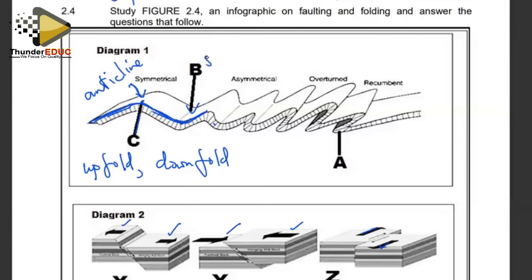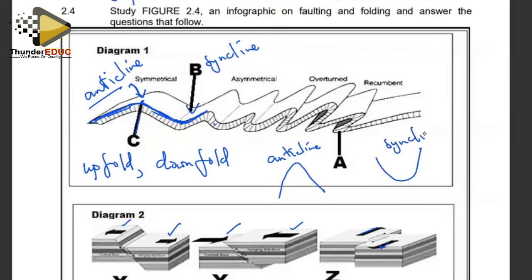So this one is a syncline. So always remember, an anticline is for a fold which is upward, and a downfold is a syncline. So that is the basics of folding. When the landmass is bending upwards, anticline. When it's bending downwards, it's a syncline.